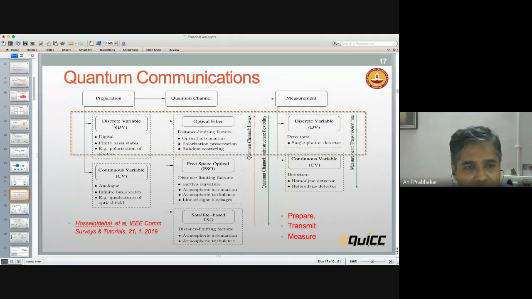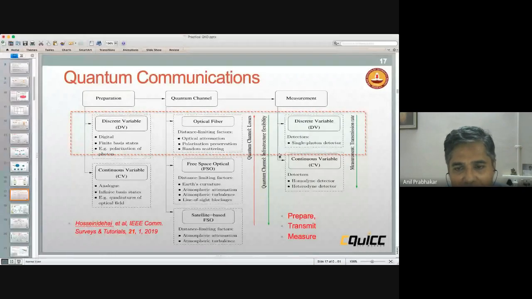It's called a discrete variable, where we're talking of ones and zeros. We're looking at optical fibers, and we are using single photon detectors. We have started now working on continuous variable, free space optics, and homodyne detectors. And of course, there are people in India now working on satellite-based free space optics.